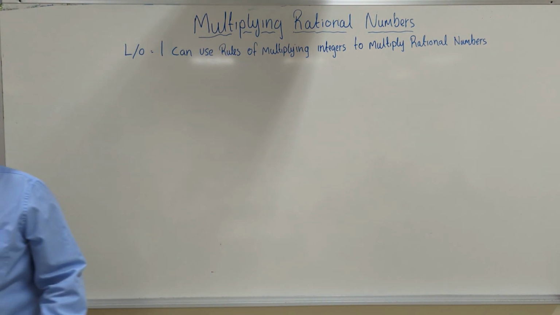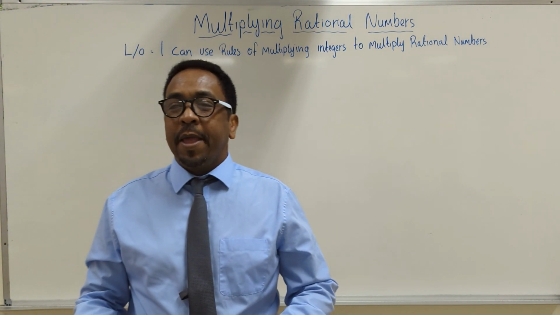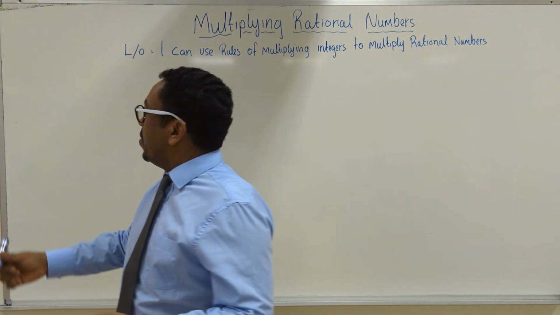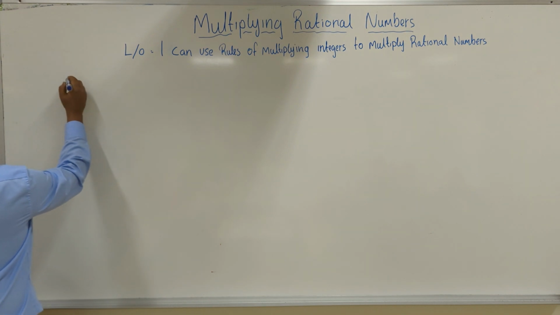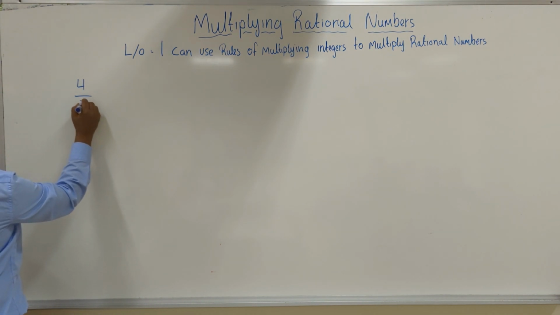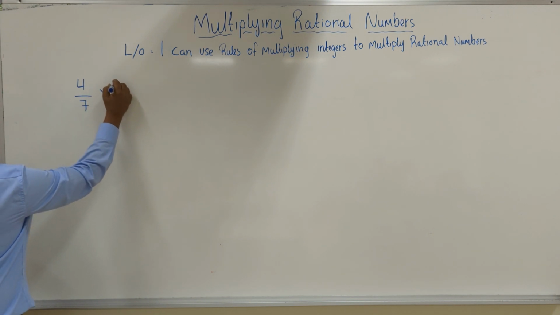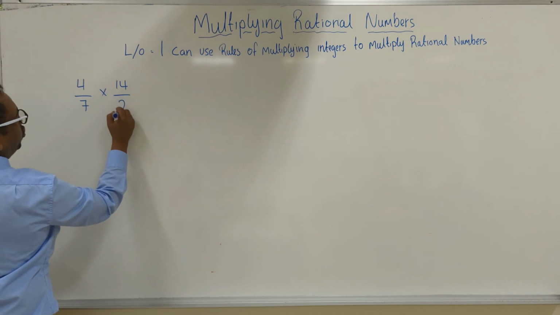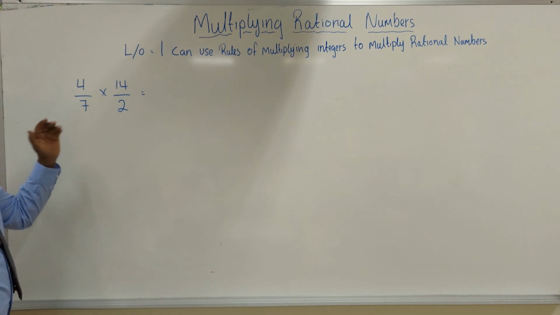Right. So let's just do a very simple reminder of how we multiply fractions. If I multiply, for example, 4/7 times 14/2, how will we multiply this?